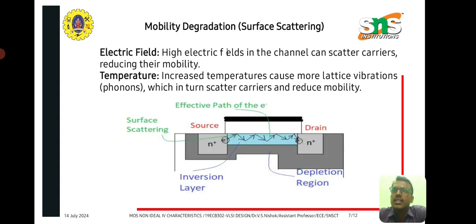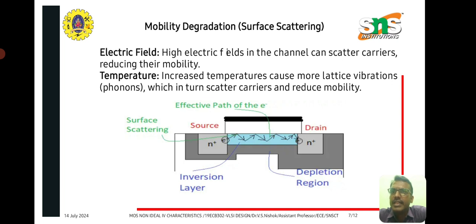Similarly, the next feature is mobility degradation, which is otherwise named surface scattering. High electrical fields in the channel can scatter carriers, reducing their mobility. In the ideal characteristics we assumed that mobility is constant.